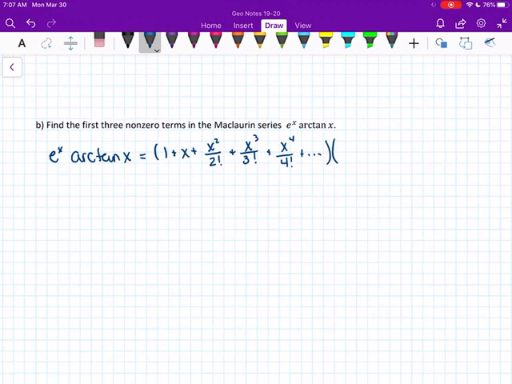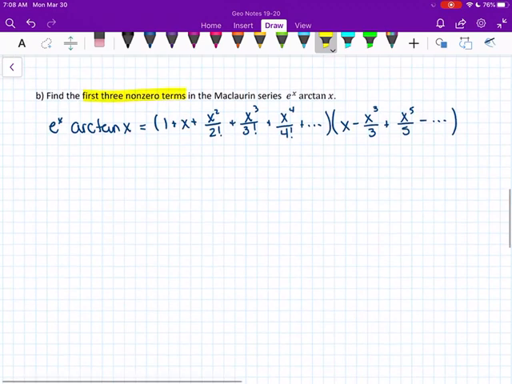And arctan of x is x minus x cubed over 3 plus x to the 5th over 5 minus, so on and so forth. Okay. Now I only want the first 3 non-zero terms, which is helpful.